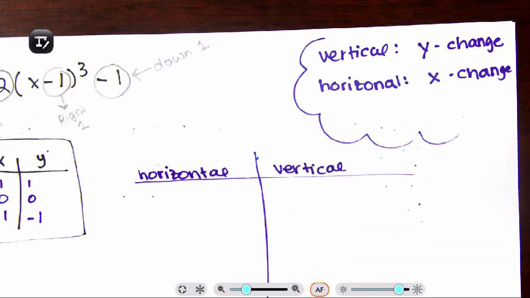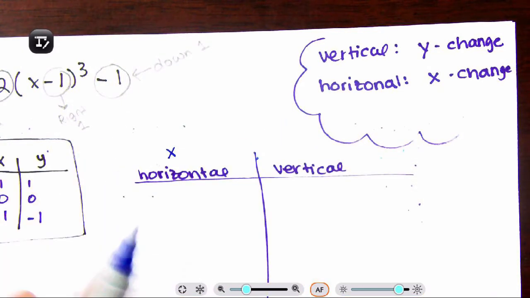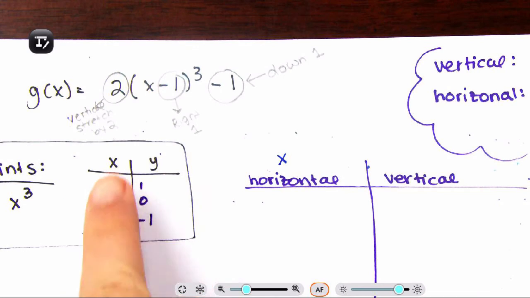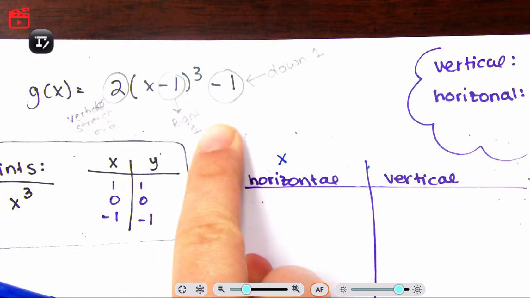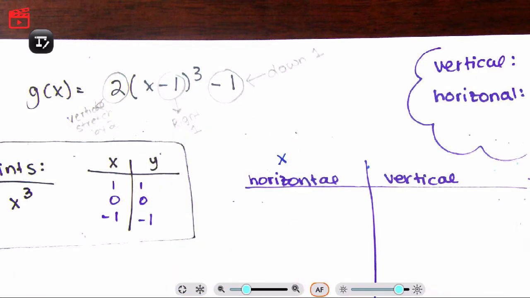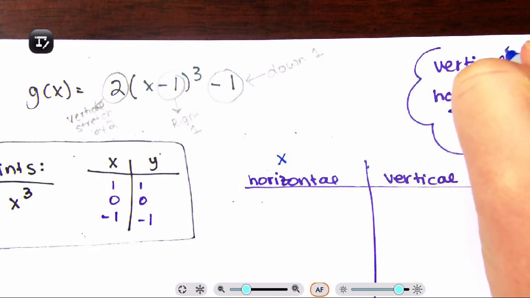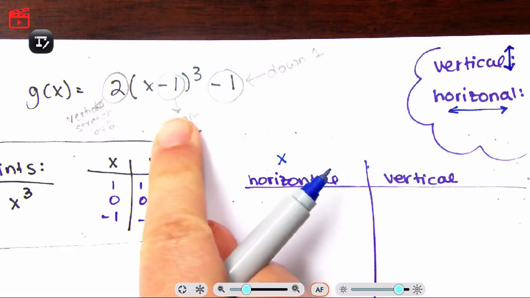So what happens to your horizontal x? Here's your x. I'm looking at my translation here and trying to see if there's anything that's horizontal. I have a vertical stretch by 2, so I don't have that. I have a right 1. So horizontal is left or right, this way, right? Horizontal is left or right, vertical is up or down. So if I'm going to the right 1, that means I do have a horizontal change.